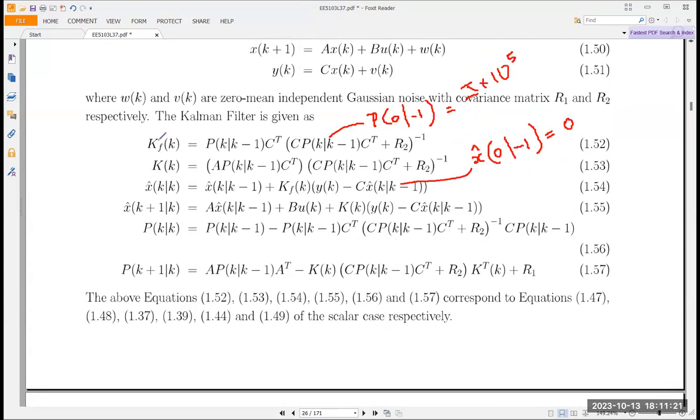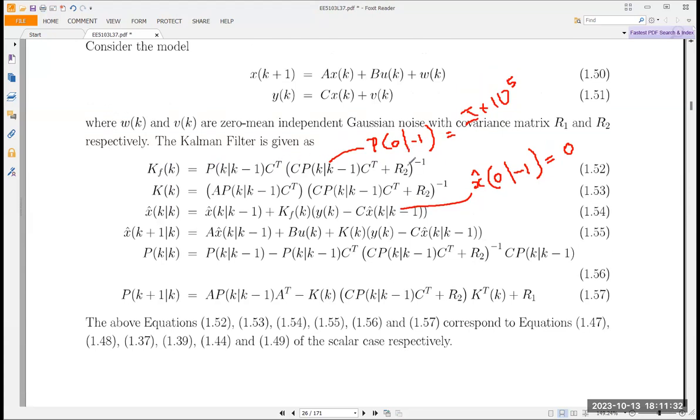You see, for 52, you start with this as I times 10 to the power of 5. And then if you know the plant model, which means C and the noise R2, then you just calculate. You don't need your temperature measurement. You don't need to go to the lab and measure the temperature or the pressure or the speed. You don't need to measure anything. So you just stay at home and calculate this. And after that, you calculate this. Also, you don't need to measure anything.